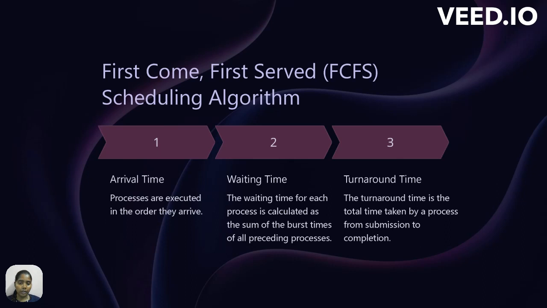Waiting time for each process is calculated as the sum of the burst time of all preceding processes. And the last one is turnaround time. The turnaround time is the total time taken by a process from submission to completion.